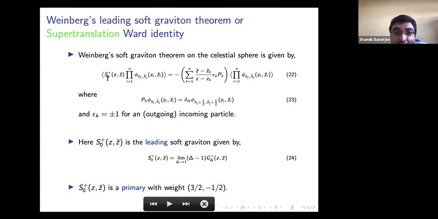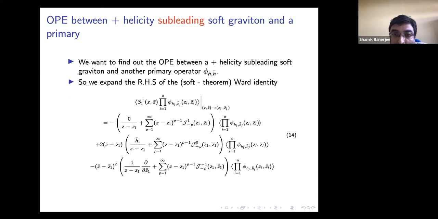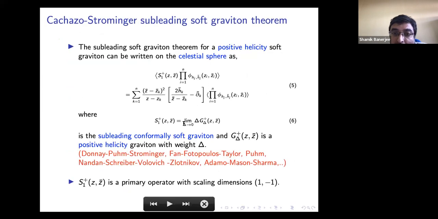Now this equation 22 is essentially the rewriting of Weinberg's soft graviton theorem on the celestial sphere in terms of these fields phi, and this S plus naught ZZ bar is defined in equation 24. So this is defined in this particular way. Now delta is going to 1. On the contrary, in the subleading case, delta was going to 0.